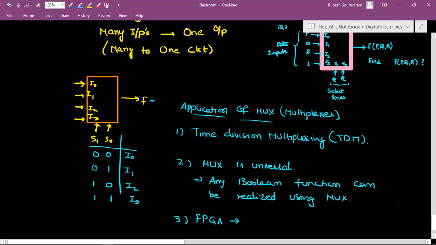All our DRDO missiles, Indian missiles, use FPGAs, field programmable gate arrays. These use multiplexers. So these are the applications of the multiplexer.